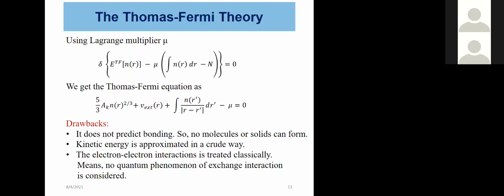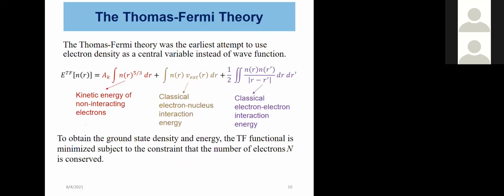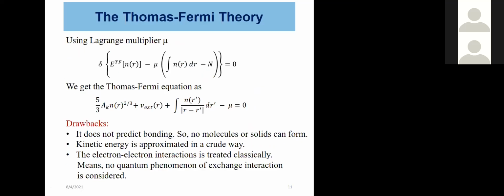When we do this, we use the method of a Lagrange multiplier, the constant mu, and we minimize the total energy E_TF with the total number of electrons conserved in the system, and we get the final Thomas-Fermi equation in this form. From there we solve for n, we get the density, and then we put it into the Thomas-Fermi functional here and solve for our total energy E_TF, the Thomas-Fermi energy.